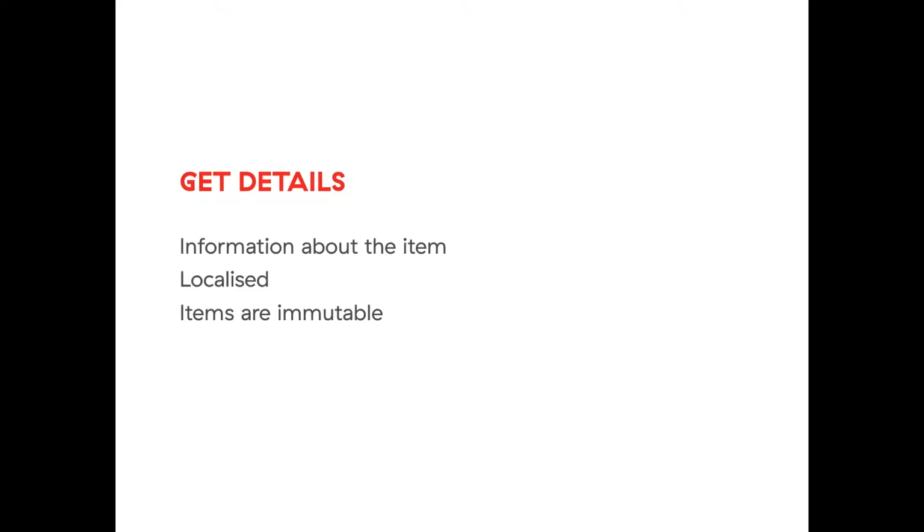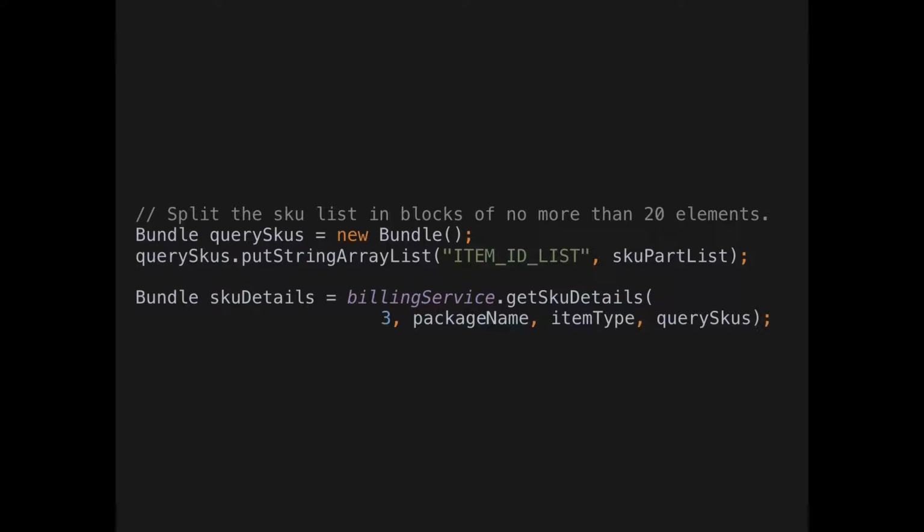Okay, let's move on. Before you can purchase anything, you should show the user on your UI information about items he can purchase. In order to retrieve details, you again need to communicate with Google Play. You do this by this method, and the things you need to specify are item type and item ID you want to get details from.